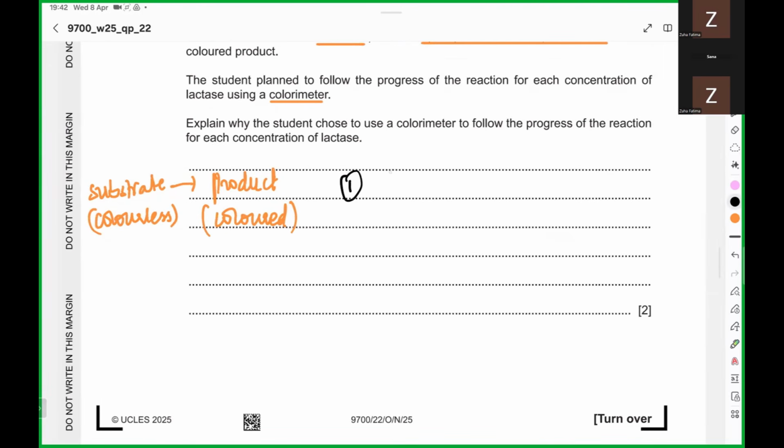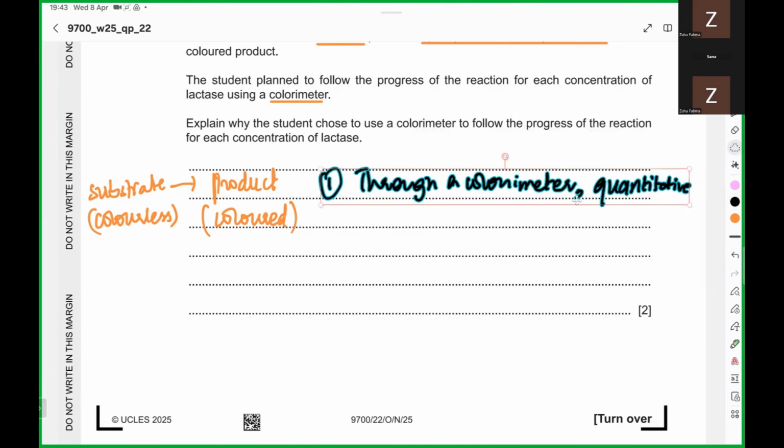So through a colorimeter, quantitative results are obtained.